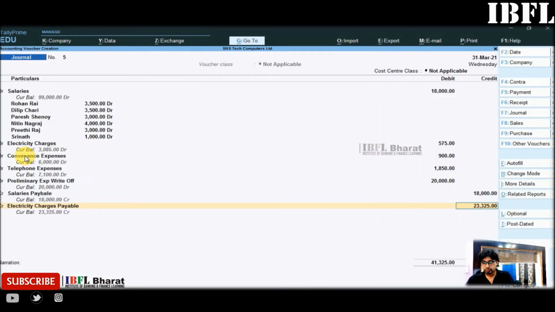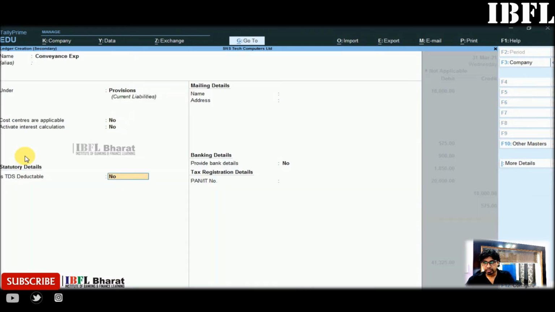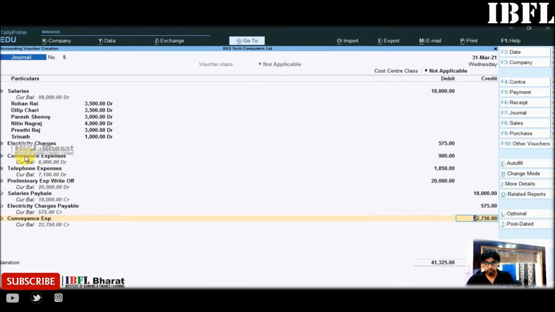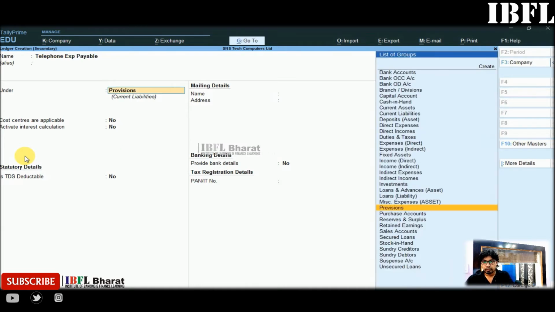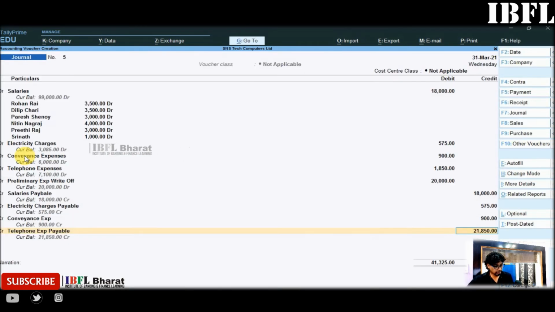Electricity expenses are 575. Next is conveyance expense. We are taking it at 900 rupees. After conveyance, we will prepare a ledger, Alt C, telephone expenses payable account under provisions. This is the amount of 1850 rupees.